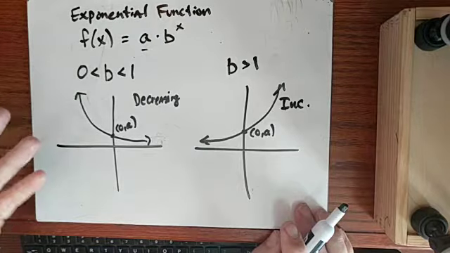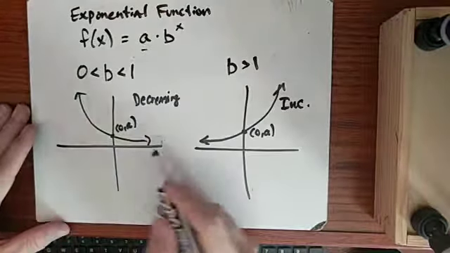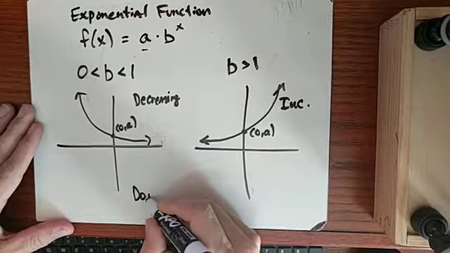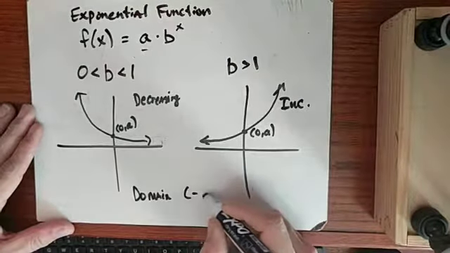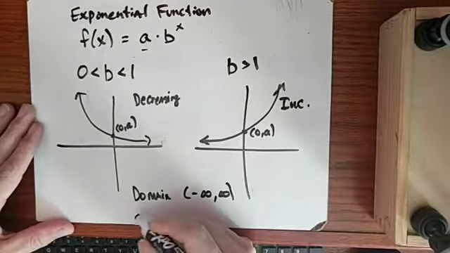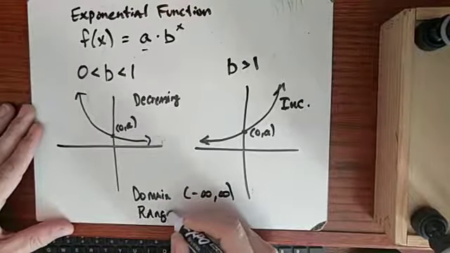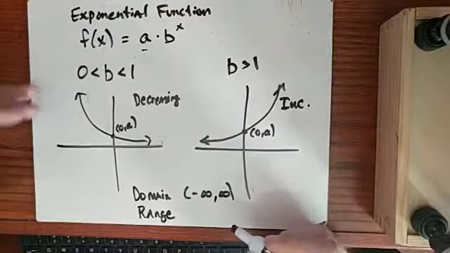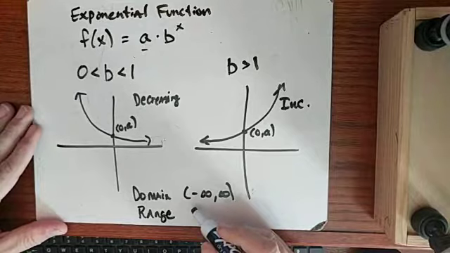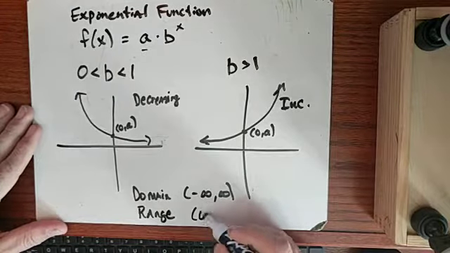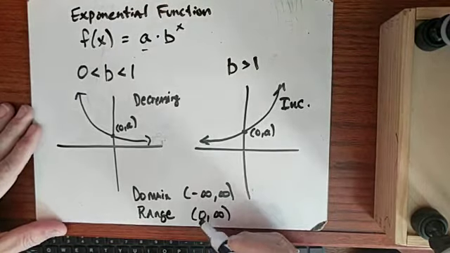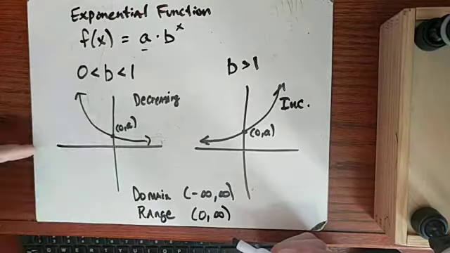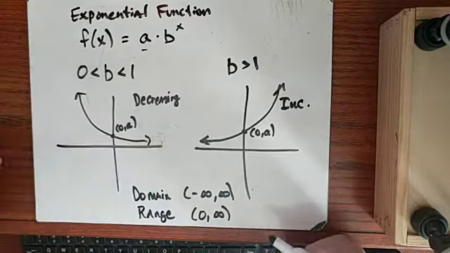And so what's the domain? The domain is all real numbers. And the range is everything above the x-axis. So the range is from 0 to infinity. Don't count 0 because there's an asymptote, so it will never touch 0.